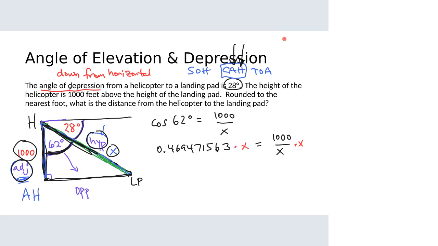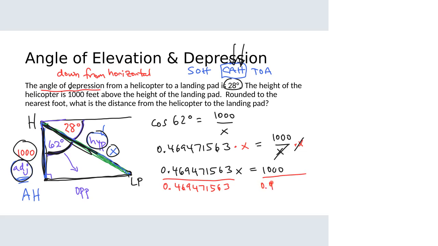When I do that, these cancel, and now I have this really long decimal times x equal to 1,000. Now I need to divide both sides by that really long decimal. Those cancel, leaving just the x.